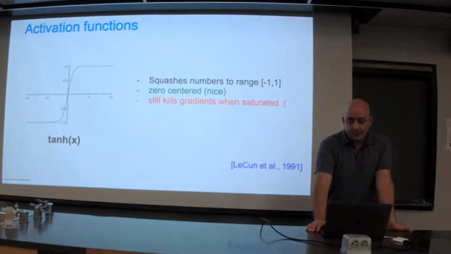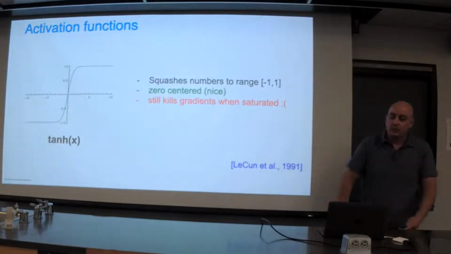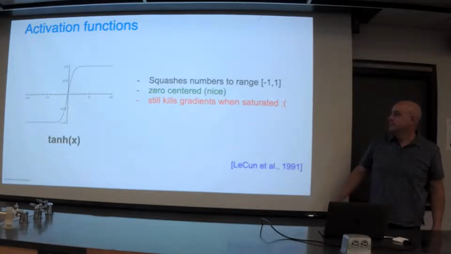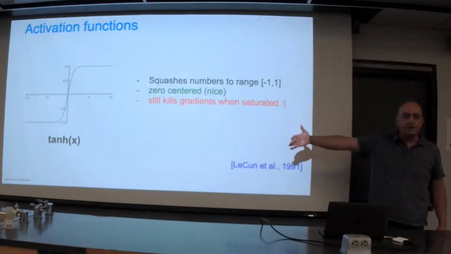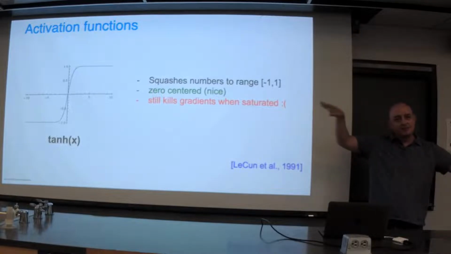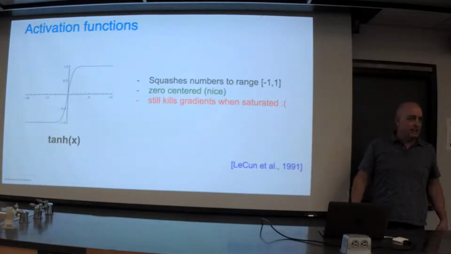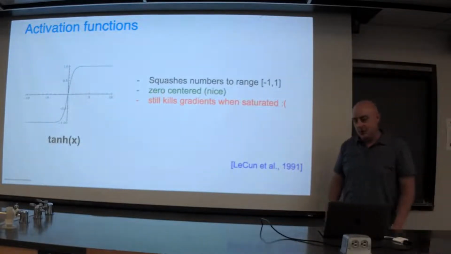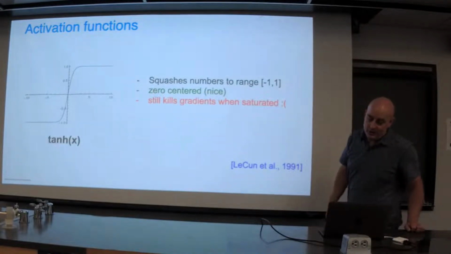Okay, so what other things were tried? Well, the next thing that started to show up were these hyperbolic tangents. Why hyperbolic tangents? Well, they still have the squashing behavior, which again was thought to be good for certain reasons.